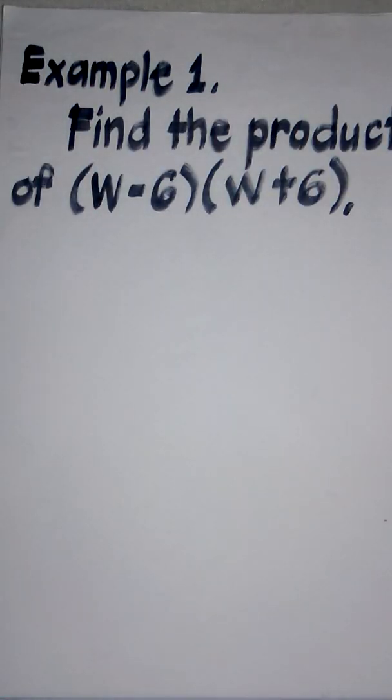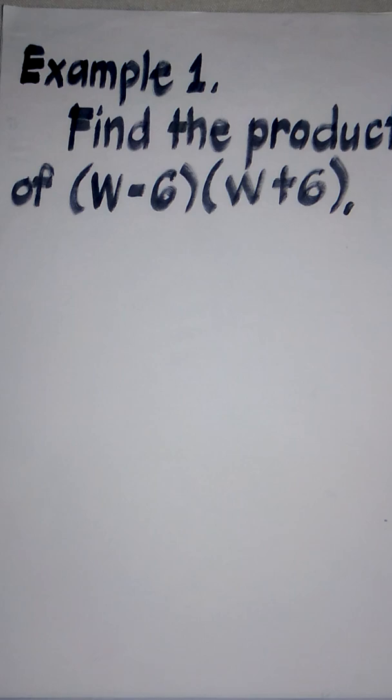How do we get the product of w minus 6 times the quantity w plus 6? We have two terms. The first is a difference and the other one is a sum.